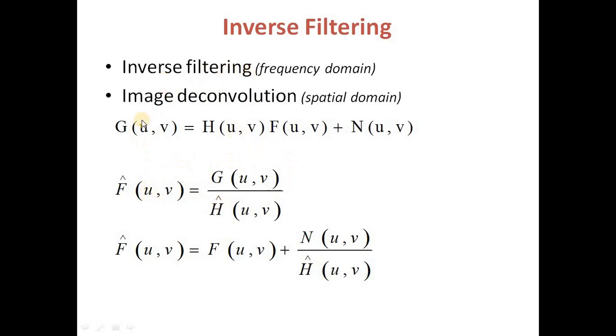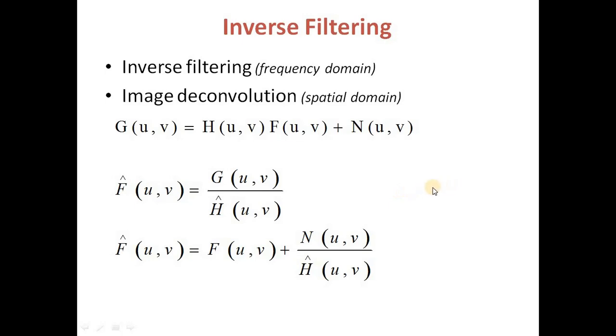The thing to understand here is that when we divide the degraded image G of u comma v, represented in Fourier domain, by the estimate of the degradation function, it gives us the estimate of the original image. So this division is in Fourier domain. Equivalently, the same operation in spatial domain is called image deconvolution.